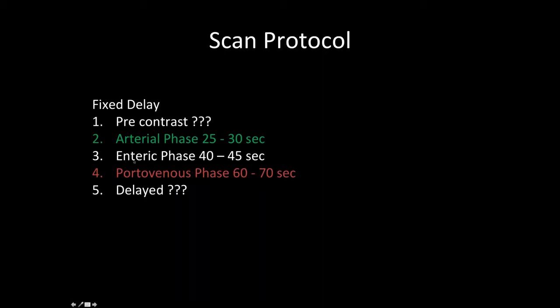Now, what we mean by the enteric phase is the phase where the small bowel is adequately enhanced. But the portovenous phase also might show delayed enhancement of the bowel loops. So if you think about it, I think the arterial and the portovenous are more convenient than doing an enteric phase, and it will lead to less radiation dose to the patient.